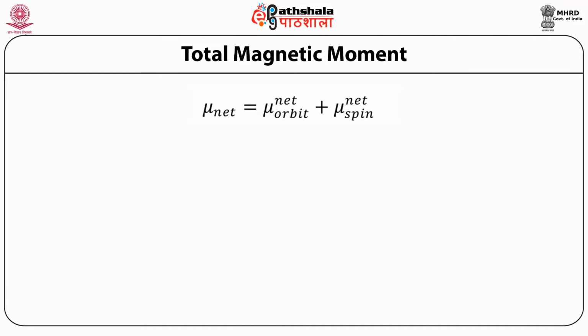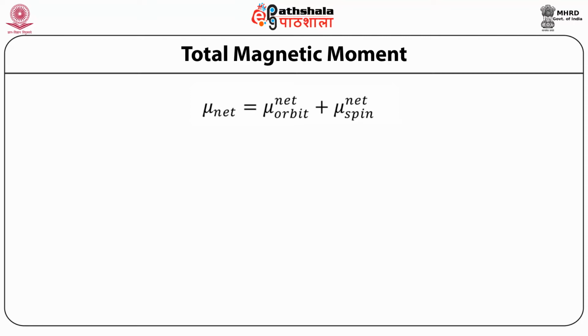Although it is not possible to explain classically, from quantum mechanics the ratio of net magnetic moment to the angular momentum always works out to be between 1 and 2, related by a factor called the Landé g factor, which we denote by g.